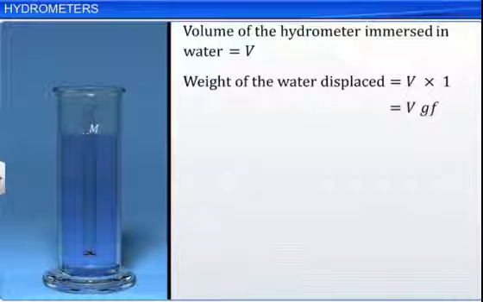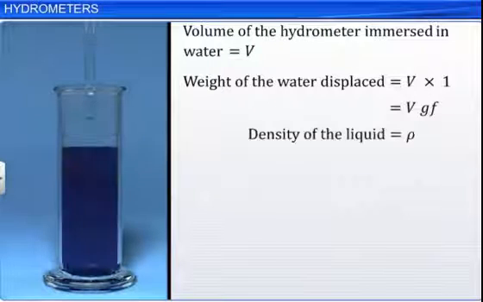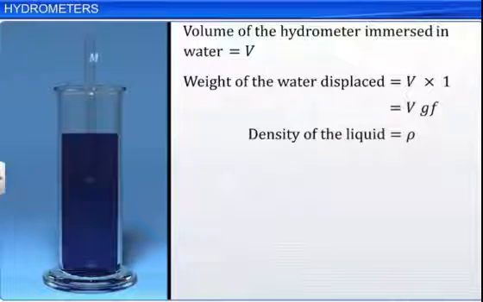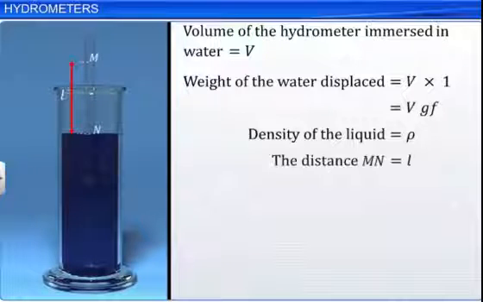That is, V gram force. The hydrometer is now floated vertically in a liquid of density ρ. Mark a point N on the stem corresponding to the level of the liquid. Let the distance MN be L.